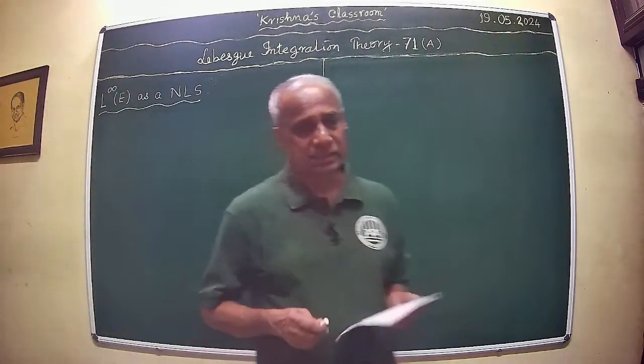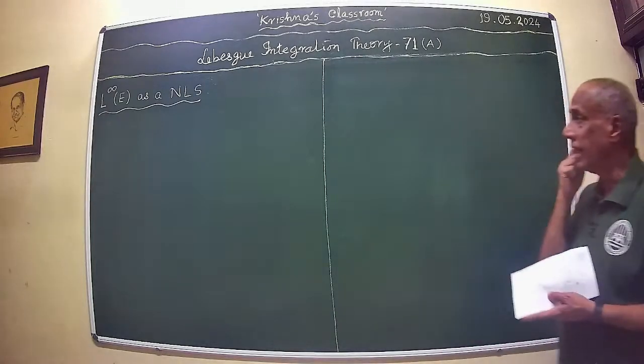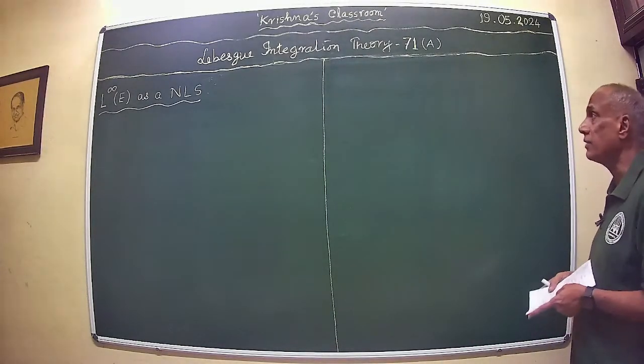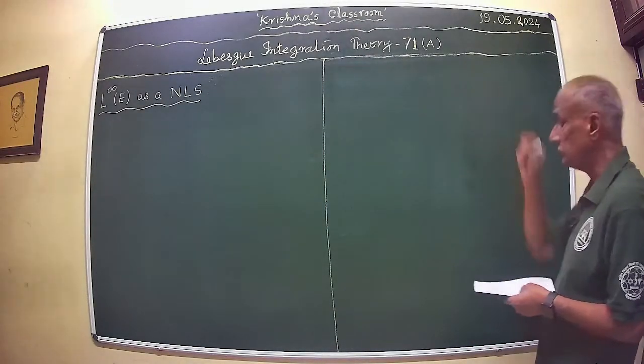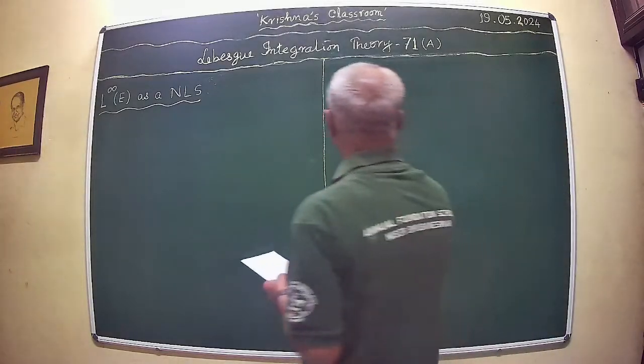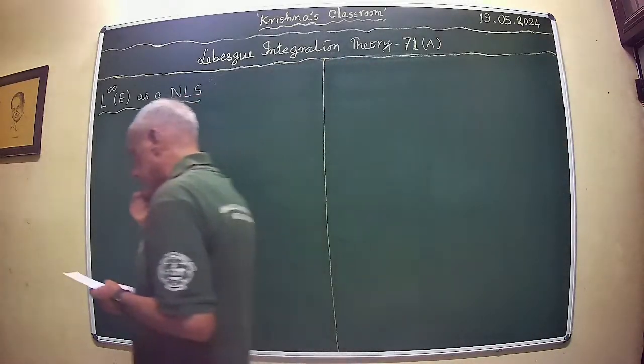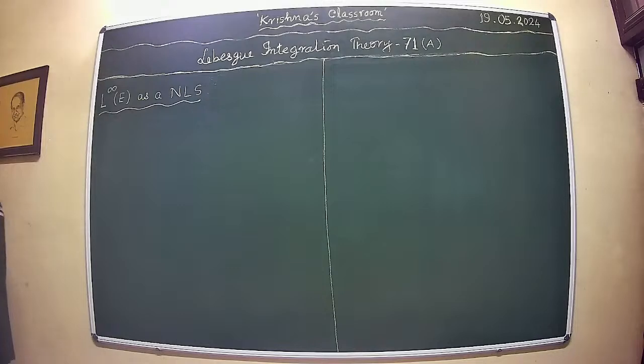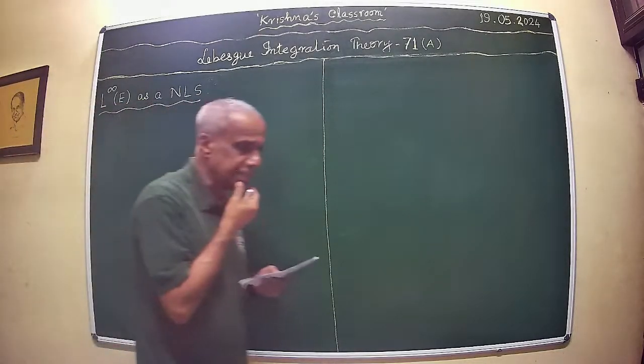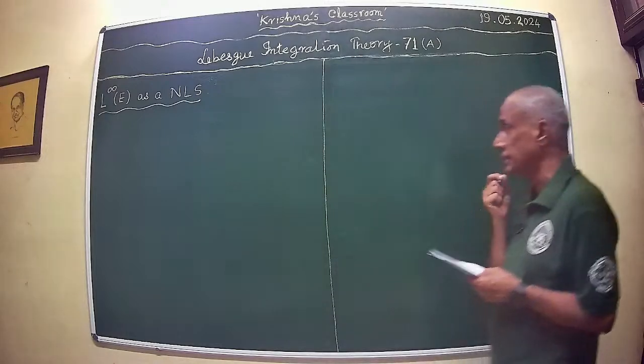I wanted to revisit L infinity E. In fact, we discussed it in episode number 71, but I thought that there was some lack of clarity and also possibly some mess up with the notations.